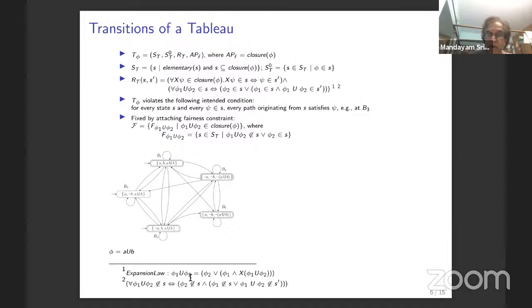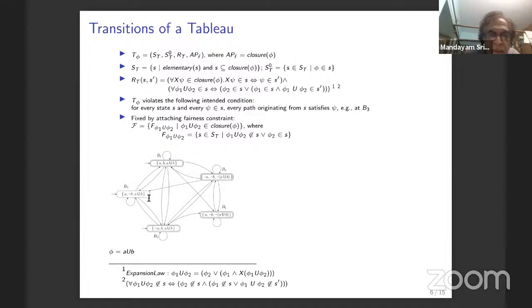Here you can either transit to something where phi 2 becomes true, or phi 1 should be true now and you can only transit to something in which phi 1 until phi 2 recursively holds.